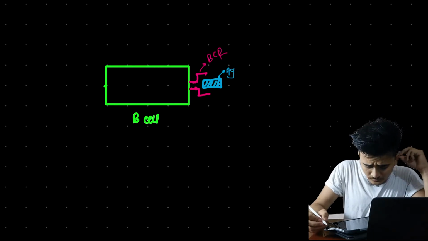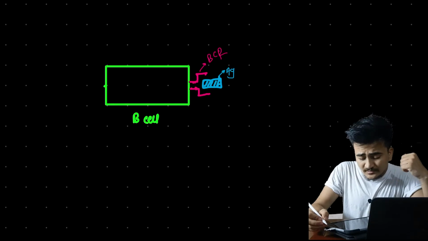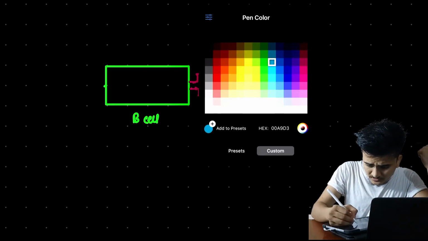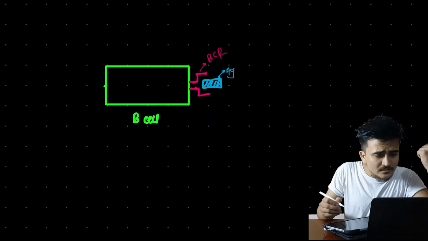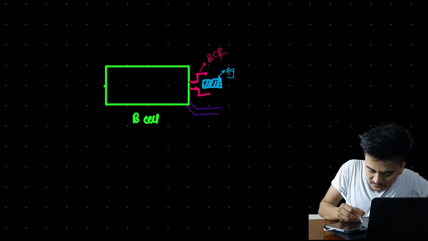That's all. Now, we have learned this much. Another thing that we need to know right here is, there is one CD molecule on the surface of B cell, and the name of that CD molecule is CD40.